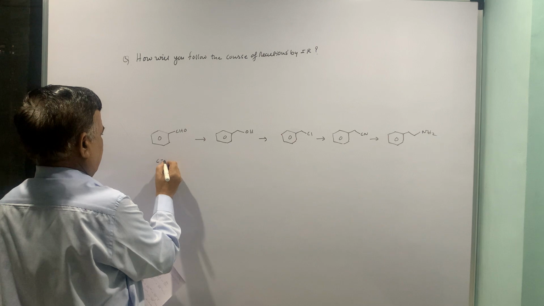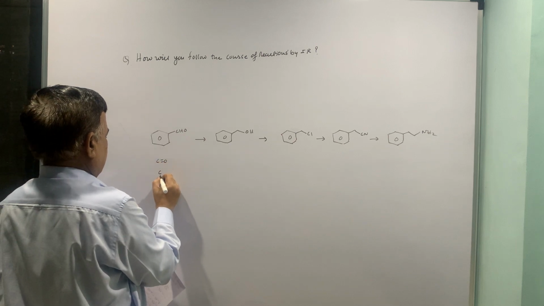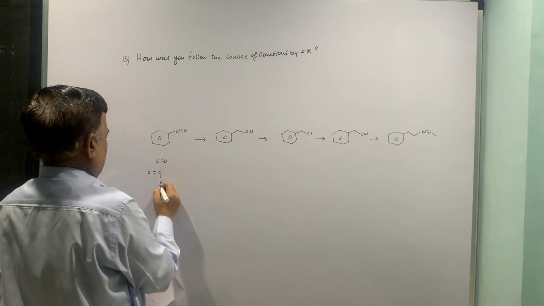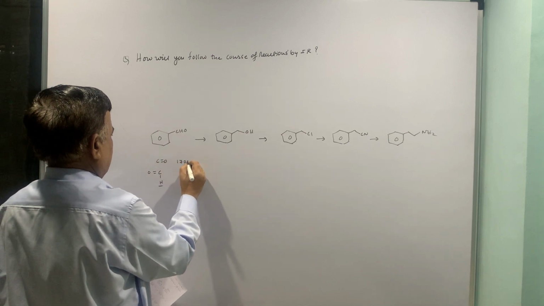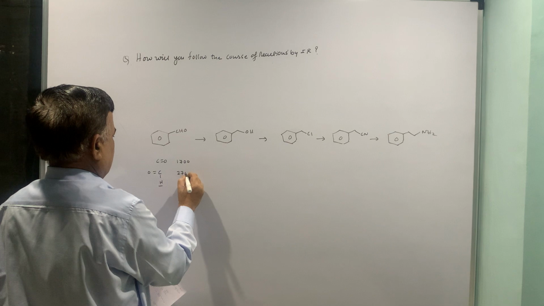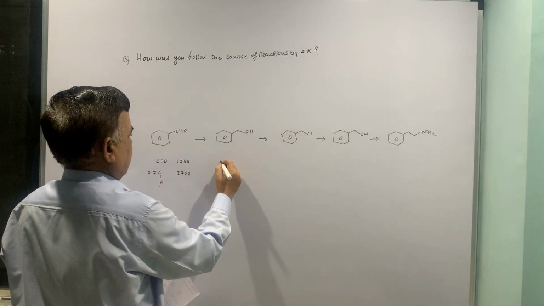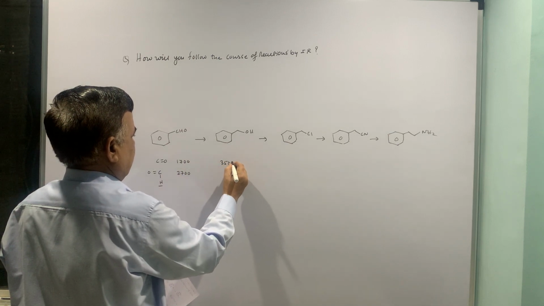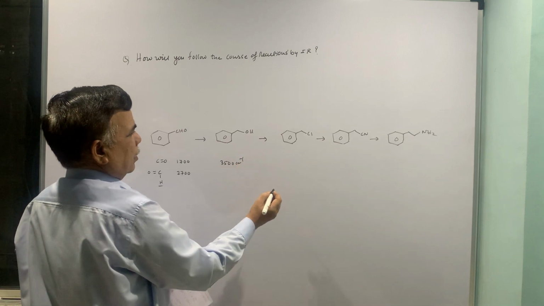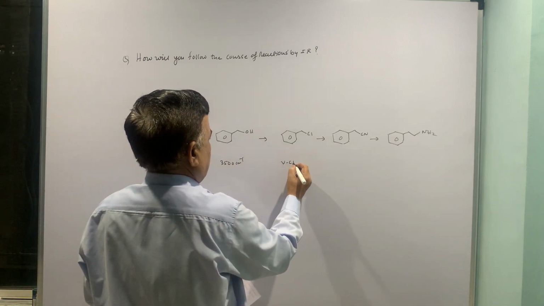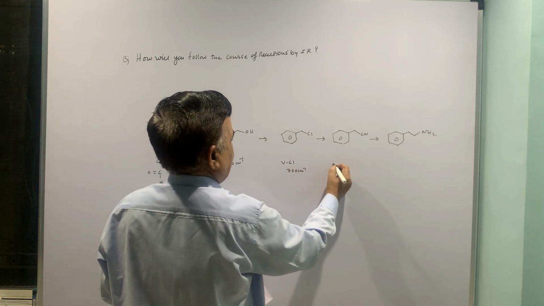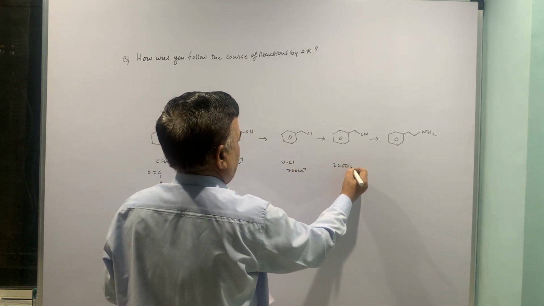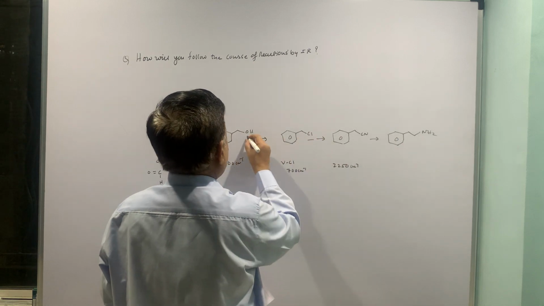So first of all, carbonyl of aldehyde and CH of aldehyde, these two will be there. One is 1700, this is 2700, this is 3500, the primary alcohol, this C-Cl is 700, CN is 2250. I am talking about the functional groups.